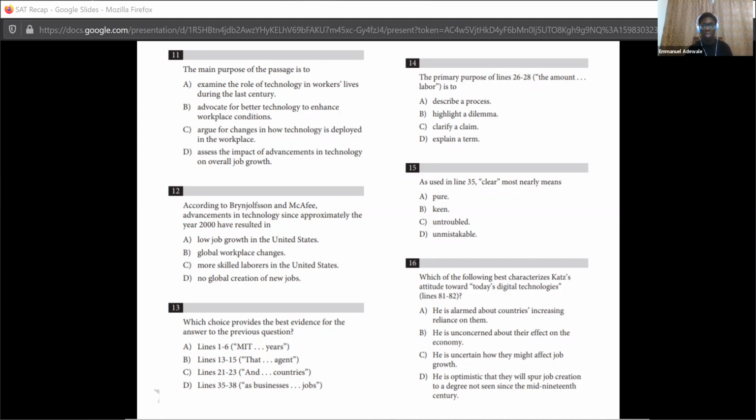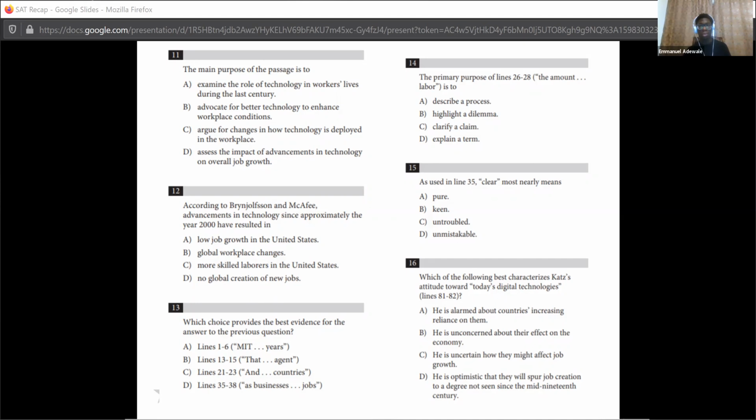And the explanation that we're given is that Katz doesn't necessarily agree with the researchers from MIT, Brynjolfsson and McAfee. He doesn't agree that new technology is leading to sluggish job growth. But he does say that he's not sure that it will remain true.